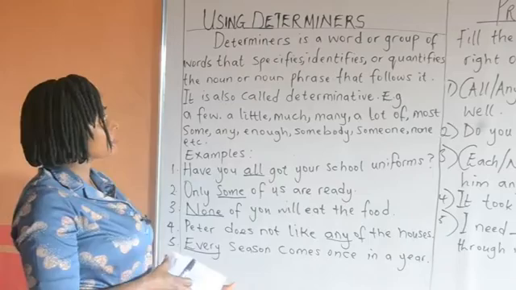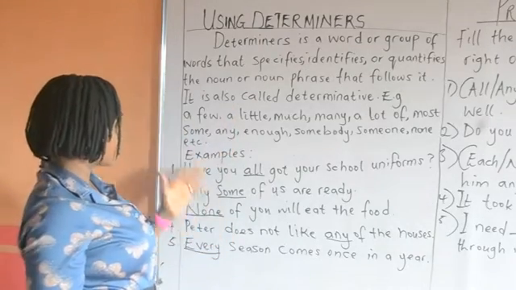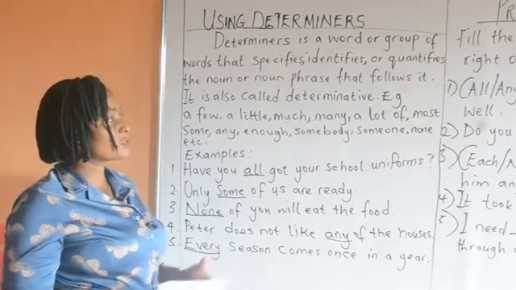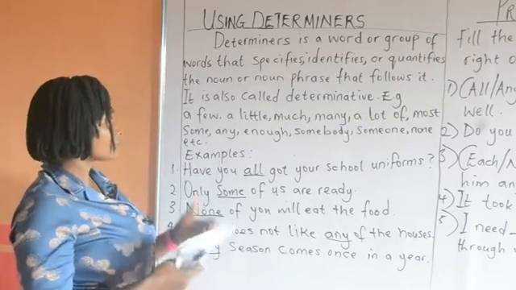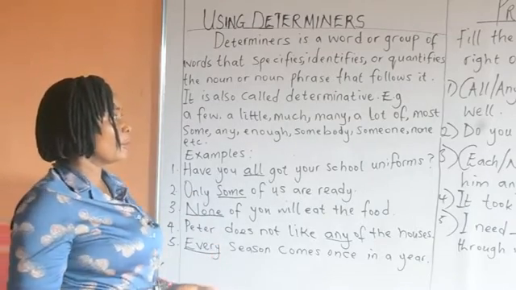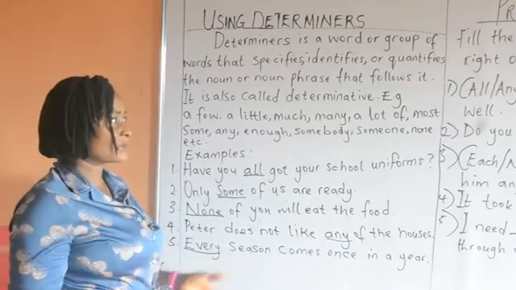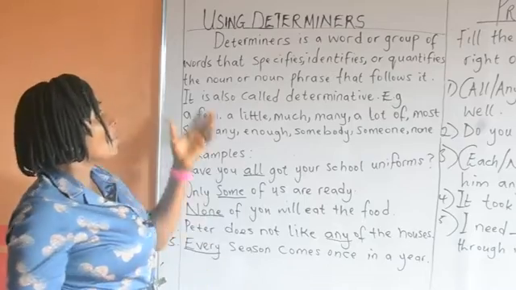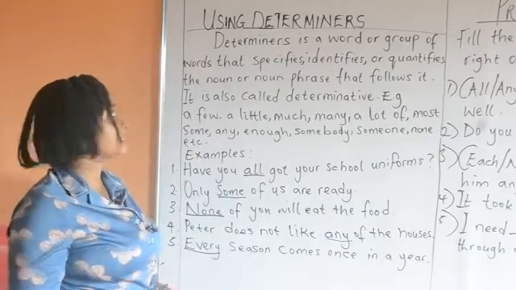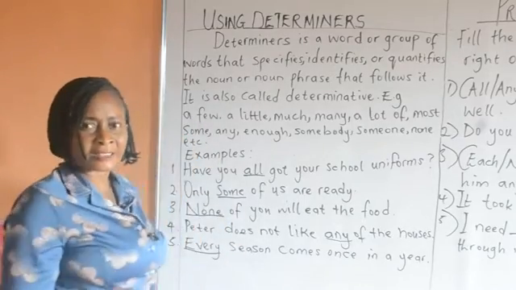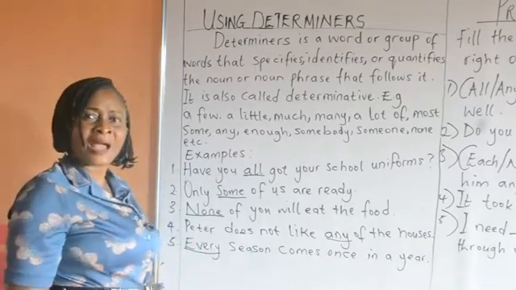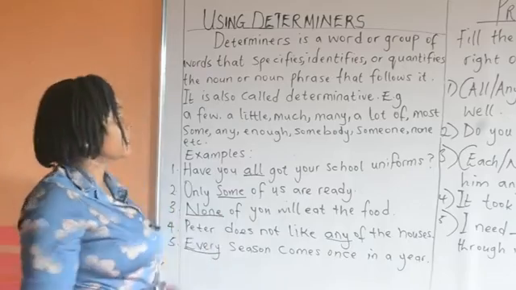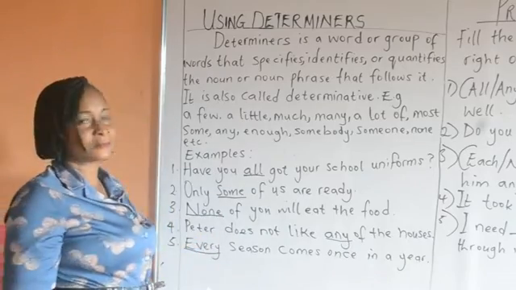So today you've learned that these words are some, none, any, every, someone, somebody, a little, few, much, many, and what have you. They are what? Determinants. And what are determinants? Words or a group of words that specifies, identifies, and quantifies the noun or the noun phrase that follows it.